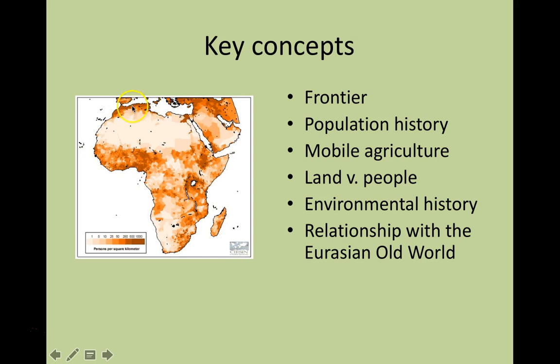Same thing for the Western Mediterranean here. These lands over here, what is now Morocco, Algeria, Tunisia, the area around the Strait of Gibraltar. These have had an intimate connection with the lands on the north shore of the Mediterranean.